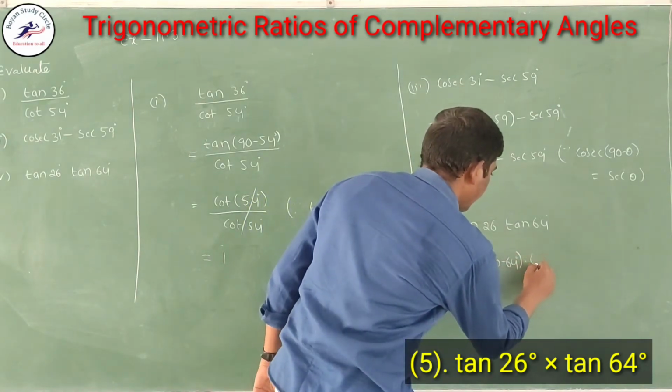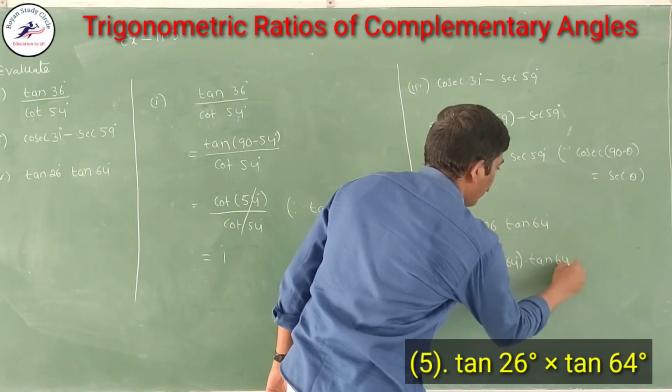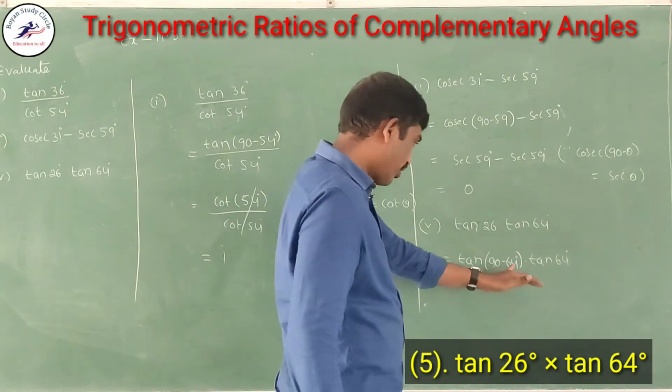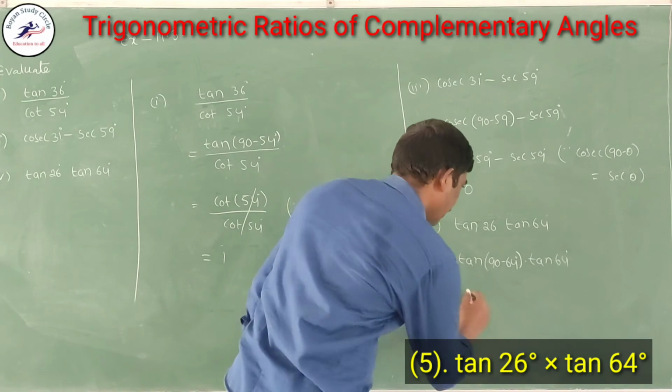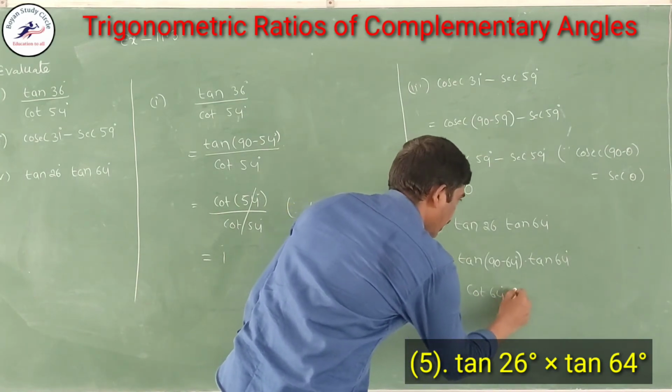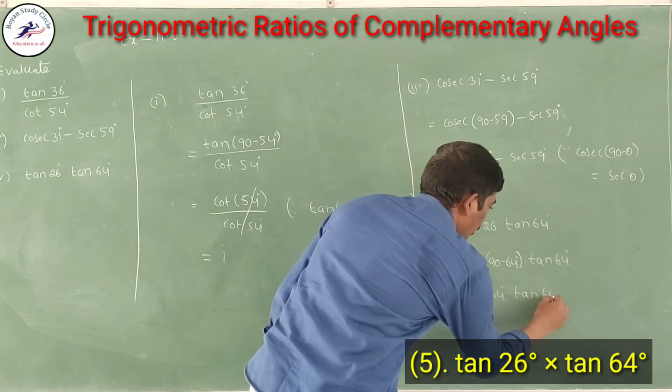So that into tan 64 degrees. Tan 90 minus theta we know, cot theta. So in the place of theta 64 is there. So that is equal to cot 64 degrees into tan 64 degrees.